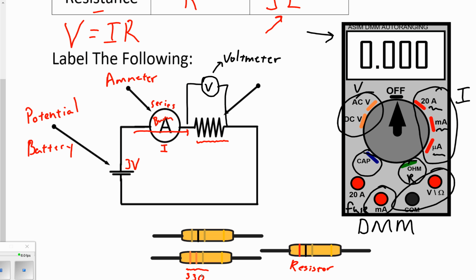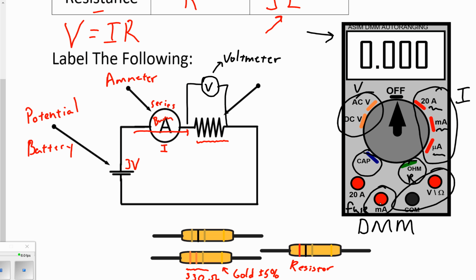So that's a 330 ohm resistor. And you may be going, well, what's this little band, and it's supposed to be the color gold. The gold just tells you that this resistor is guaranteed to be within 5% of its promised value. Some resistors have silver. Silver just means within 10%. So this resistor should be within 5% of its promised 330.